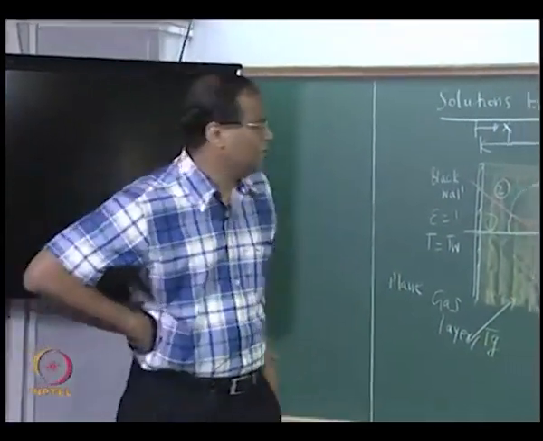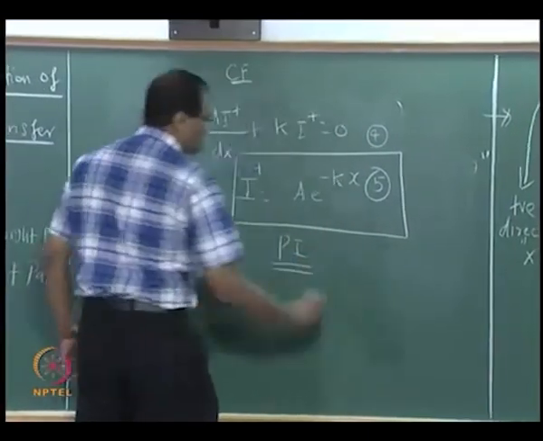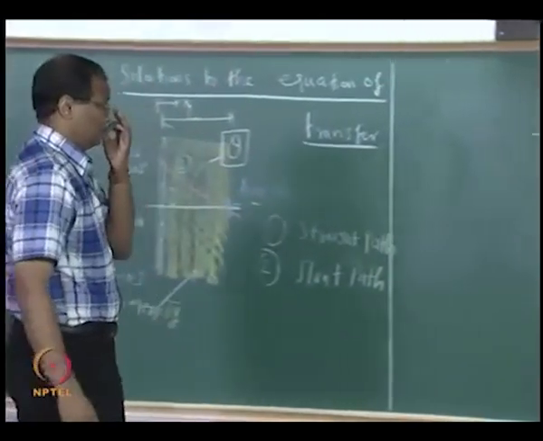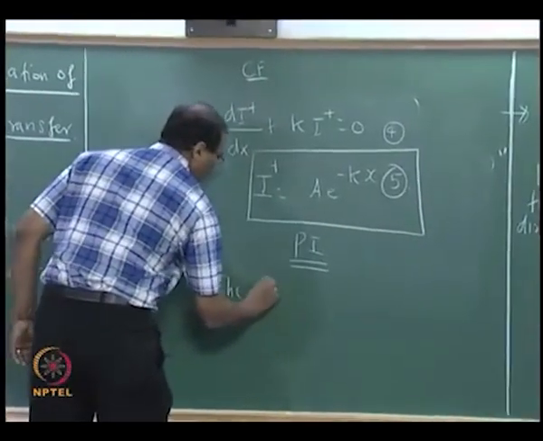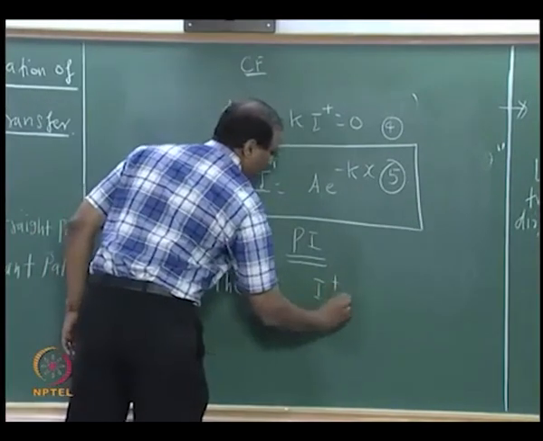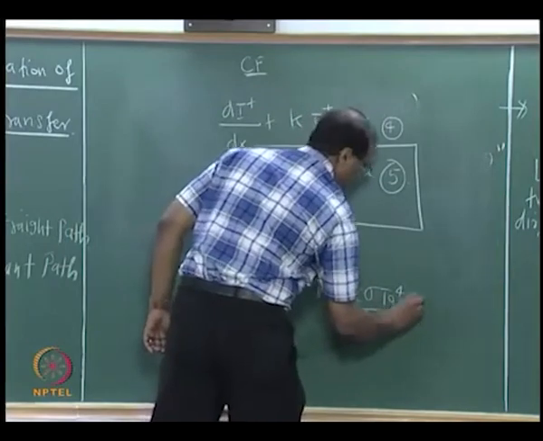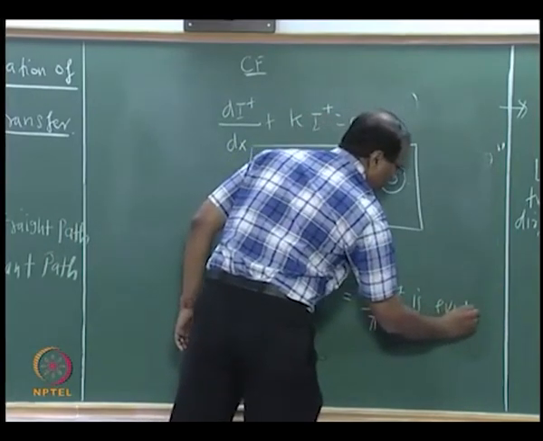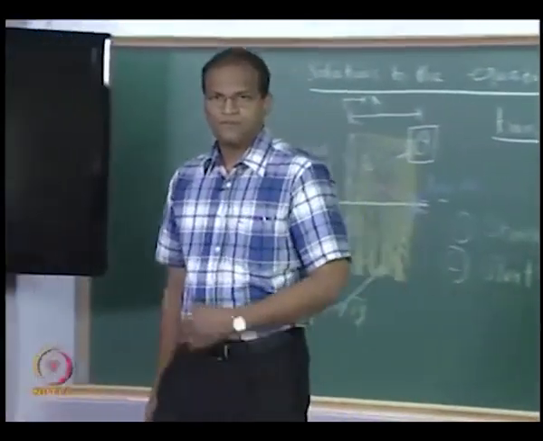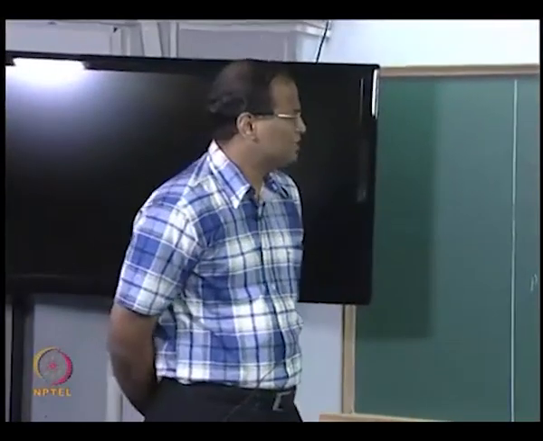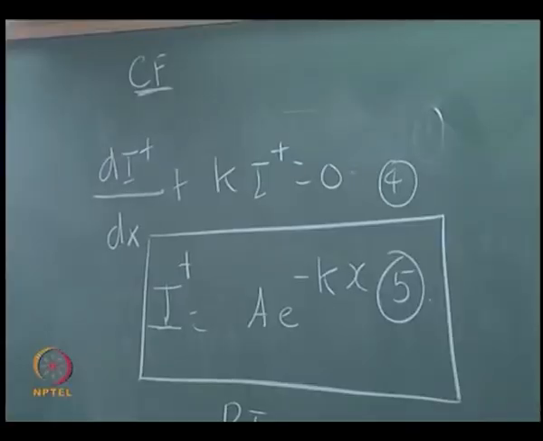As far as particular integral is concerned, will you agree with me? The particular integral I plus equals sigma Tg to the power of 4 by pi is evident.